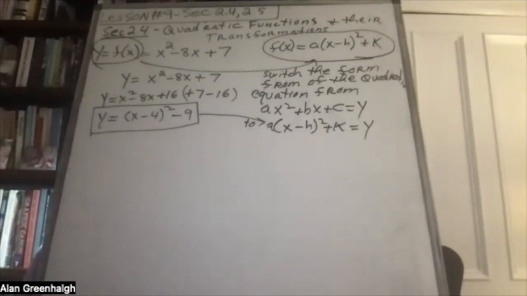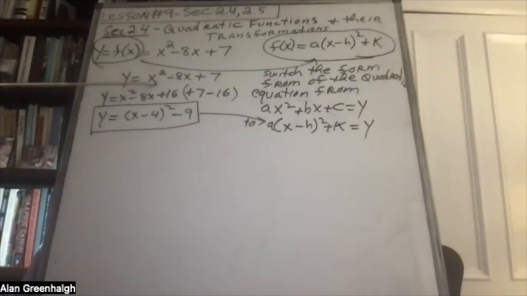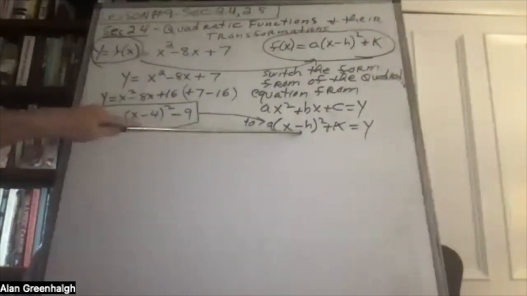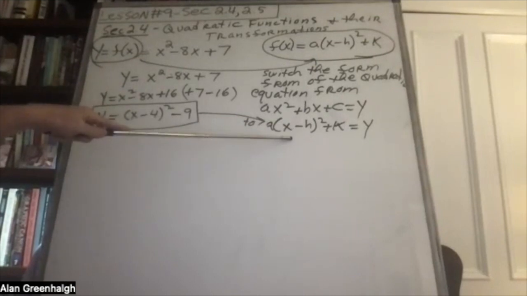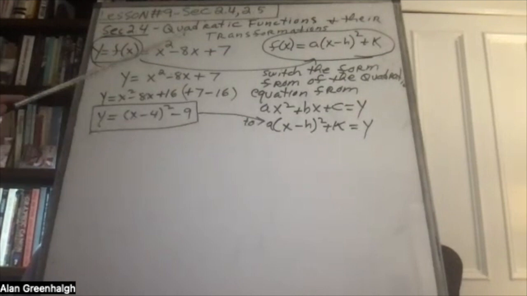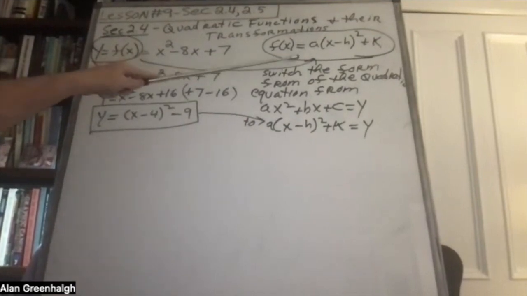Let me repeat that, because that's the most important thing we just did, and very different from what we did on the previous board. So what I did was, I said, well, this does not look like it's supposed to look. When it looks like this, we could take the vertex, we could take the axis of symmetry, we know how to find the x-intercept, the y-intercept, everything is beautiful, but it doesn't look like that, so we have to make this, as I said earlier, make this look like this.